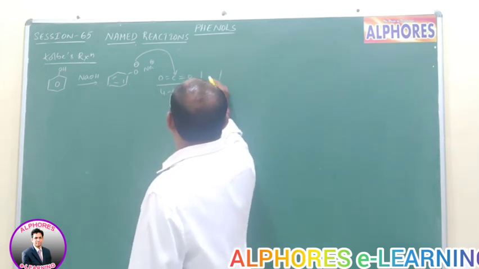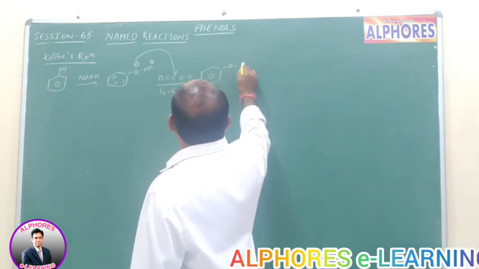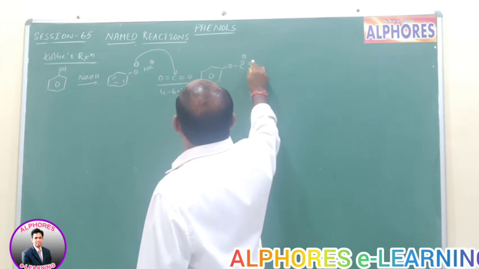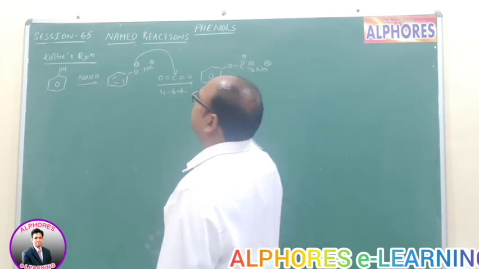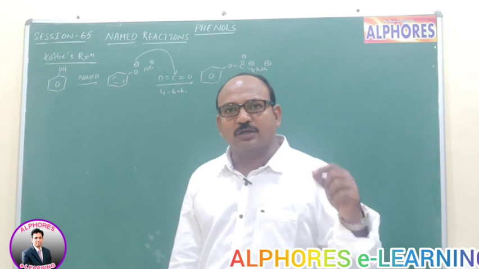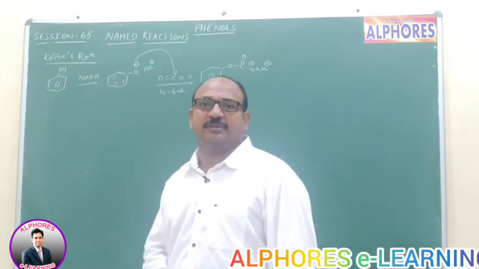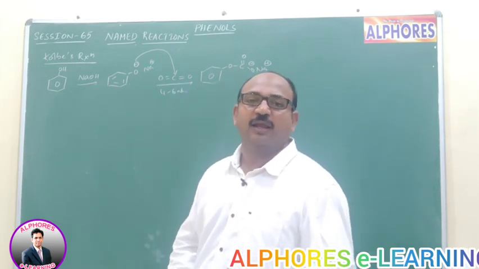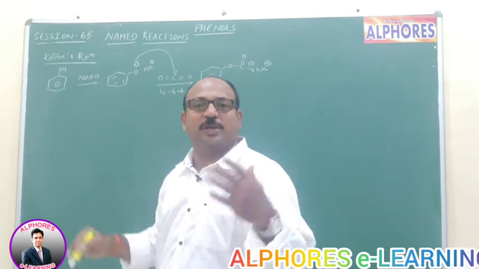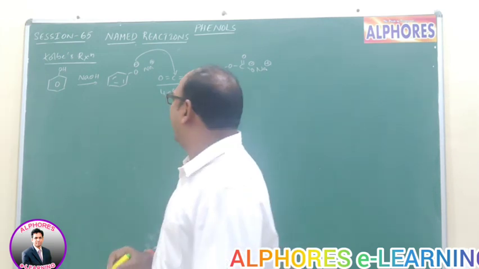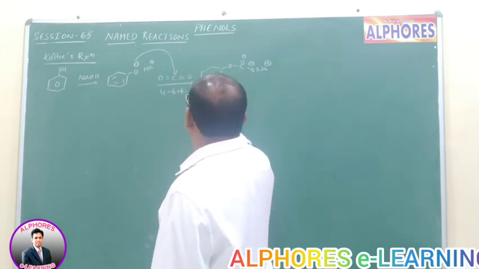Then we get the product here, O-C double bond O minus and Na plus. Here is oxygen-carbon bond formation; regarding this you know very well that compared to this, CC bond formation is stronger, and this one undergoes rearrangement.